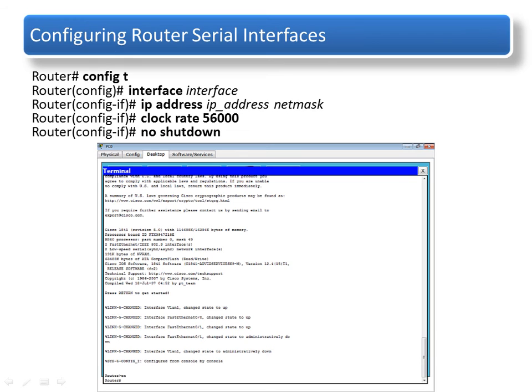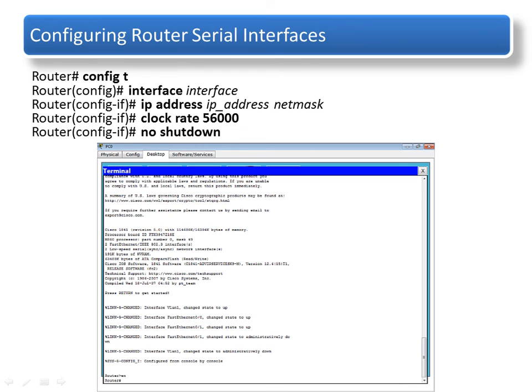On serial links that are directly interconnected, as in a lab environment, one side must operate as a DCE to provide a clock signal. The clock is enabled and the speed is specified with the clock rate command. Just remember, only one side is to be the DCE and the other end is set to be the DTE. The clock rate command is only issued to the DCE end of the serial cable.